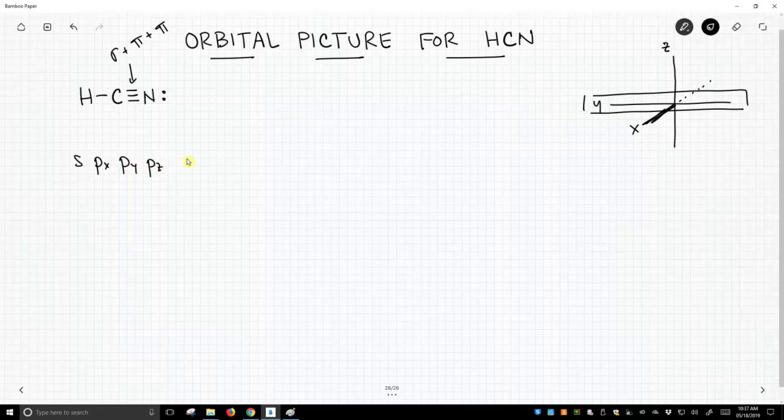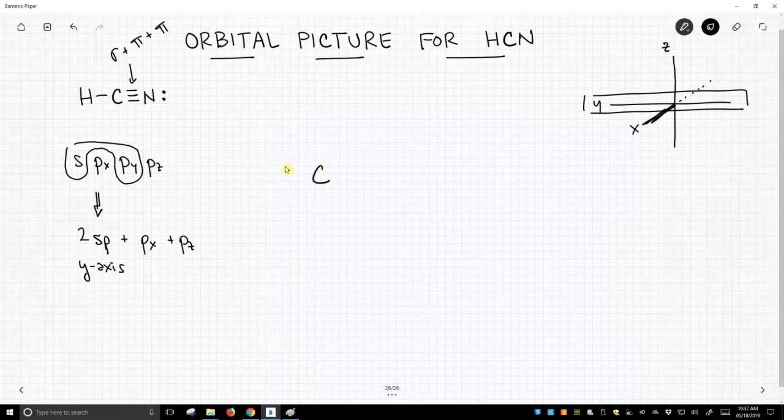So when we think of s, the px, py, pz, we want to make sure when we make our hybrids, we use that py. So we will get 2 hybrid orbitals, 2 sp hybrids, plus left over our px and our pz. Those are the p orbitals we're going to use to make our 2 pi bonds. And our sp hybrids will sit on the y-axis.